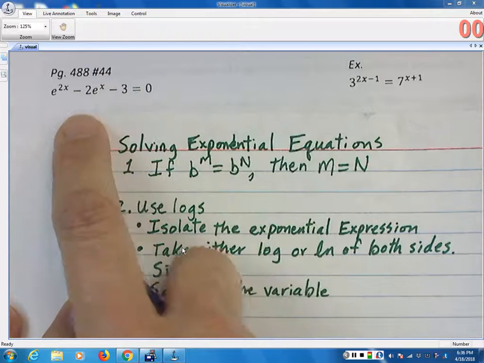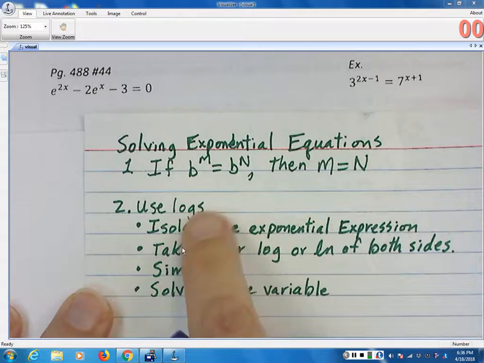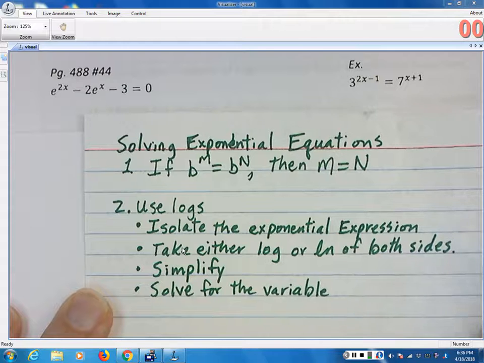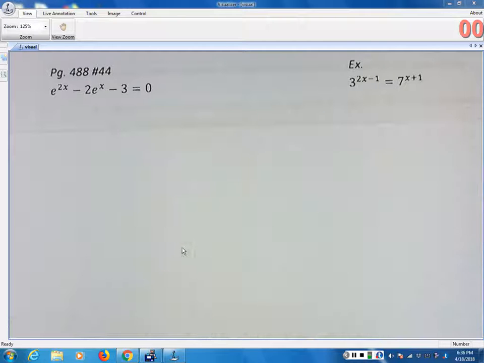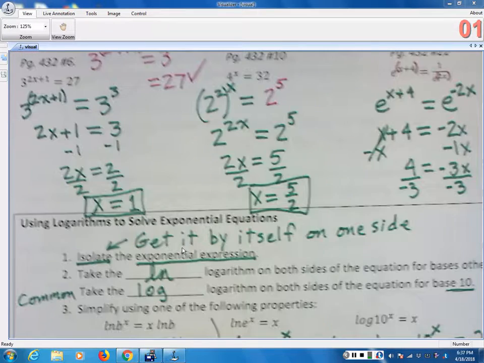This one is a little more complicated, but we'll be using this eventually, once we get it. This was just right from the little boxes in your notes. Okay?